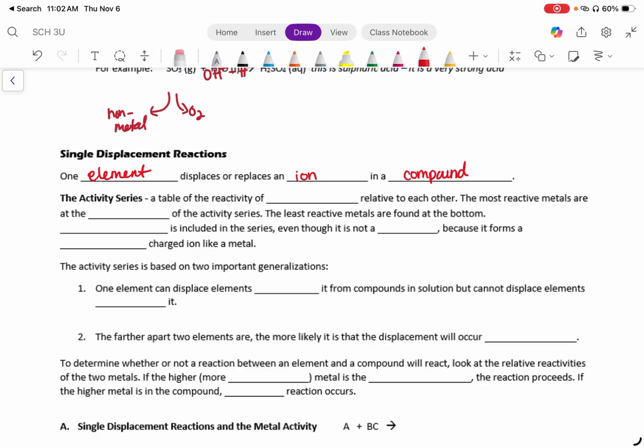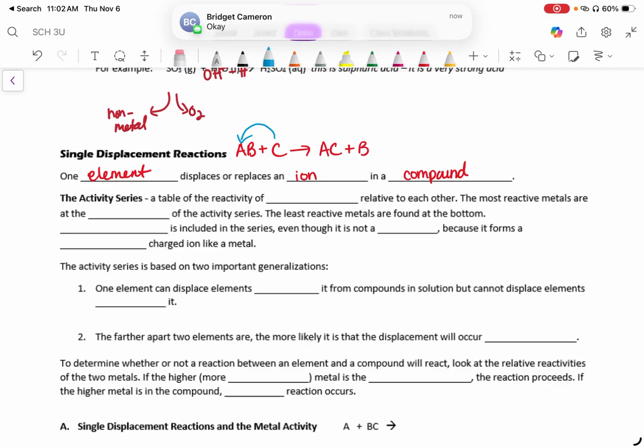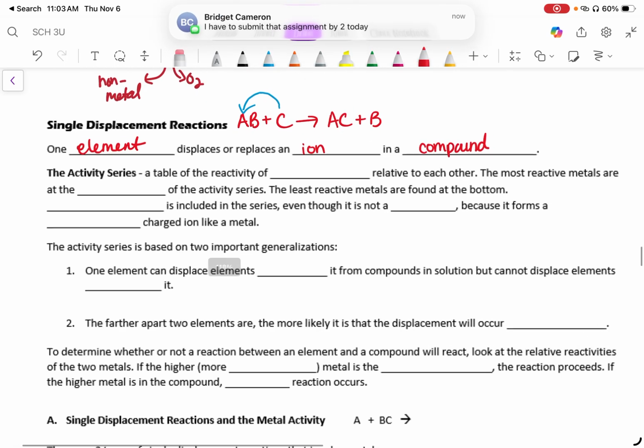Like we saw earlier, it would be when you have AB plus C reacts to make AC plus B. As we can see here, we have our C that is coming in and replacing the A. That is our single displacement there.